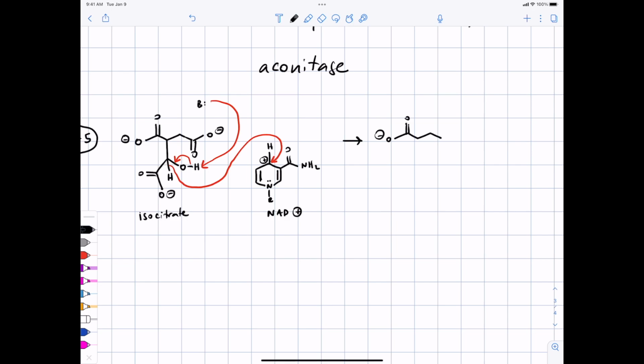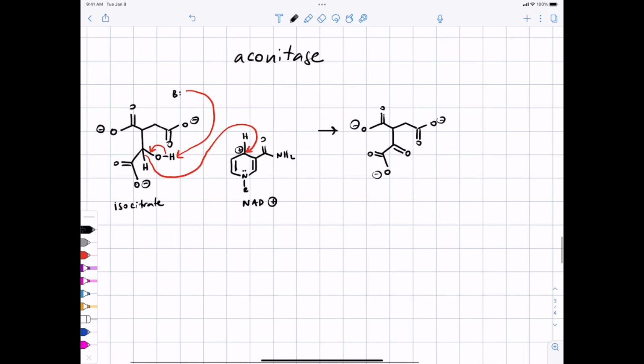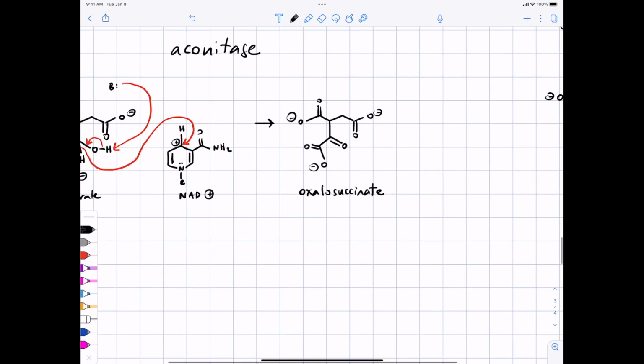Here's the product. Okay, and this product is called oxalosuccinate. Some people draw that in as an intermediate in the citric acid cycle. Others don't because it spontaneously decarboxylates.